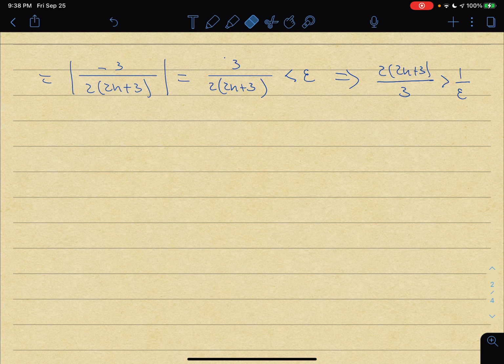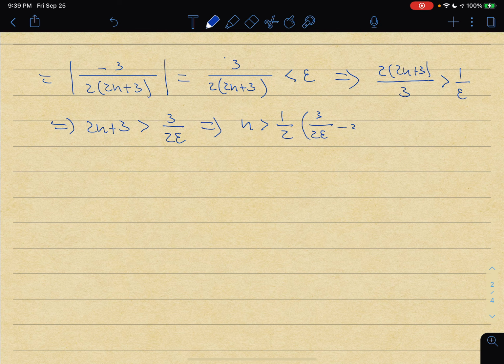So 2n plus 3 is bigger than 3 over 2 epsilon, and so n is bigger than 1/2 times (3 over 2 epsilon minus 3).